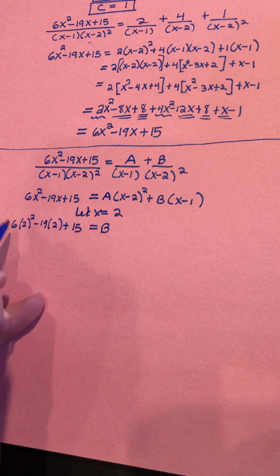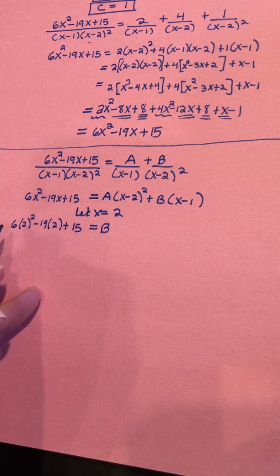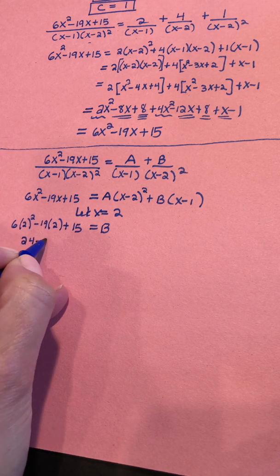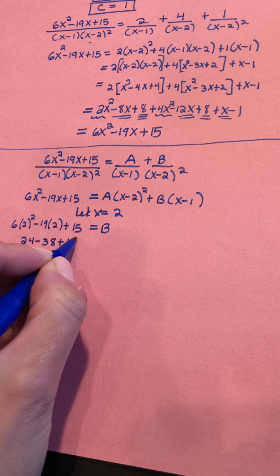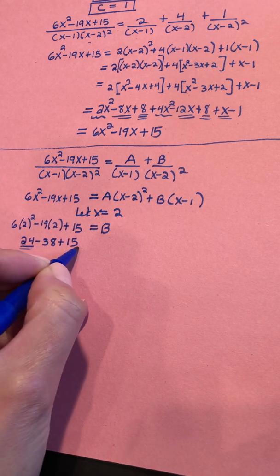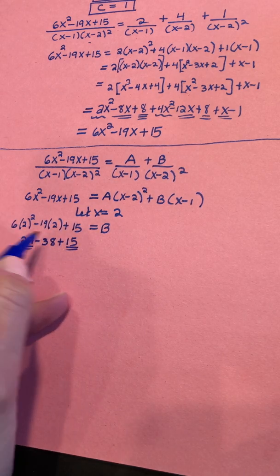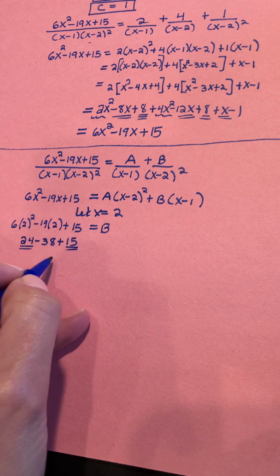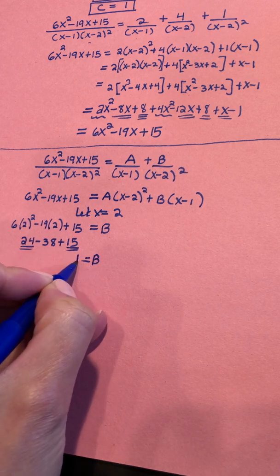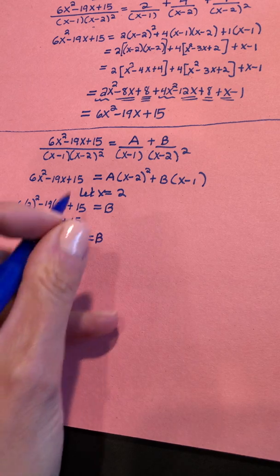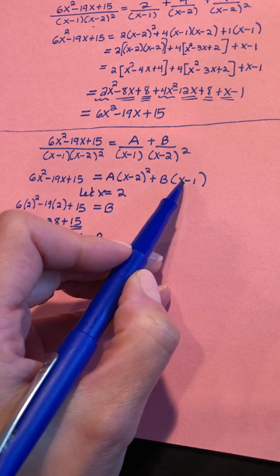So what's that going to be? 2 squared is 4, so 24 minus 38 plus 15. 24 and 15 are 39, minus 38, so B is going to equal 1. Now let's let x equal 1.